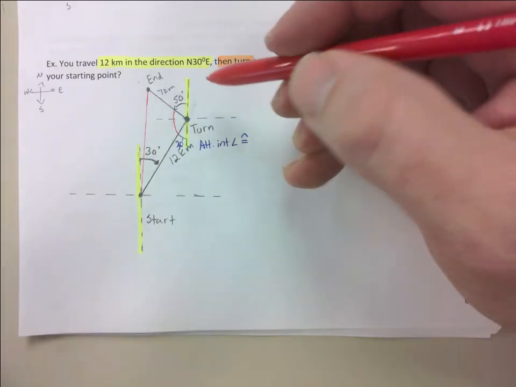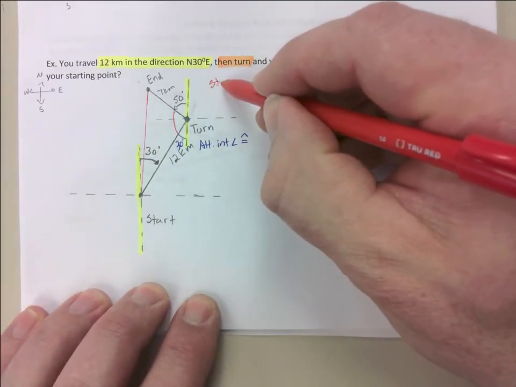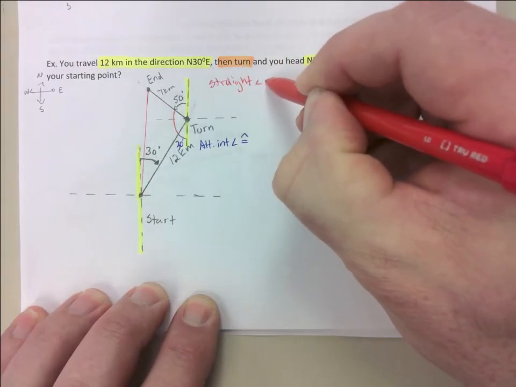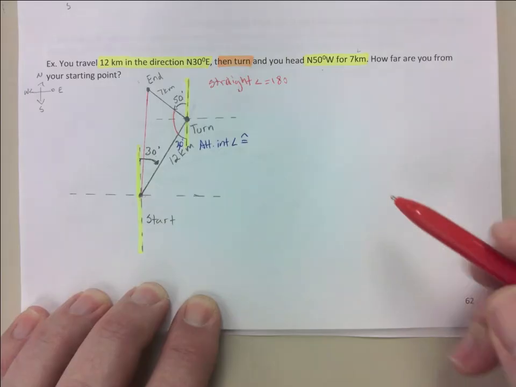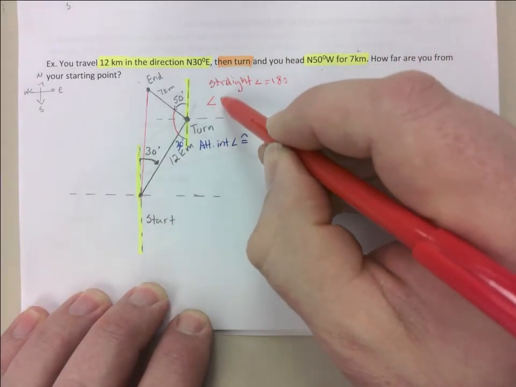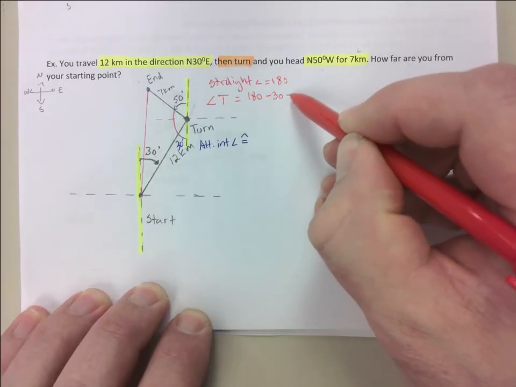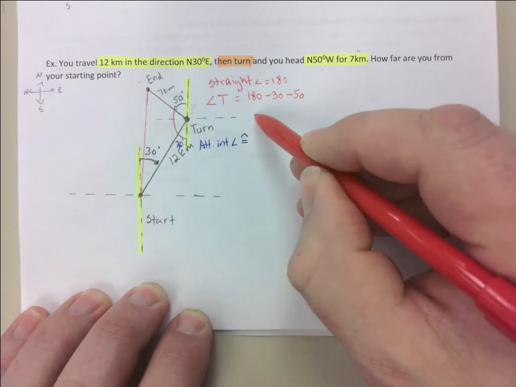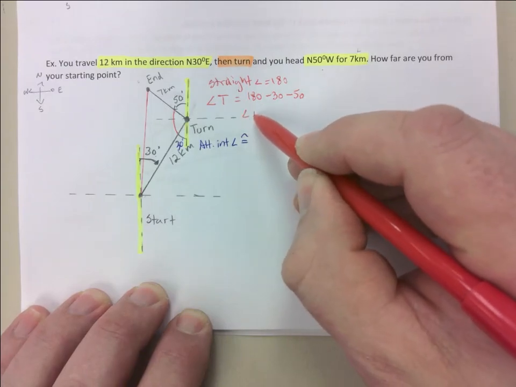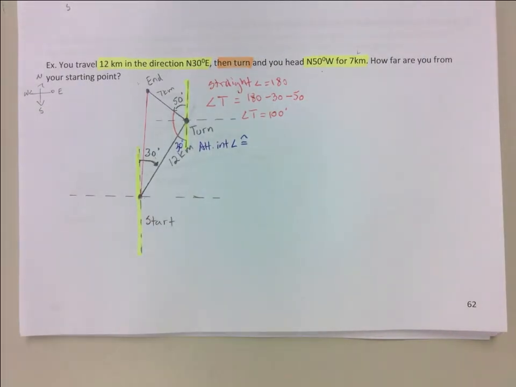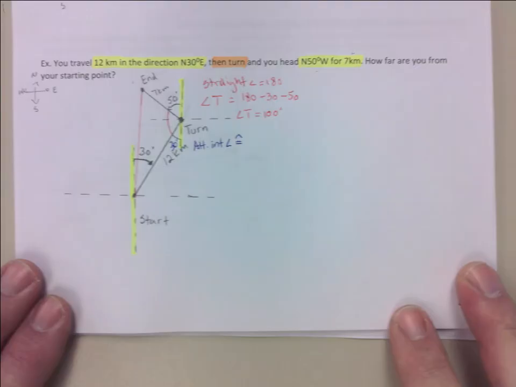Yeah. Okay, perfect. So we're going to go straight angle is equal to 180. Therefore, angle T is going to be 180 minus 30 minus 50. So angle T is 100 degrees. See how messy it can get?